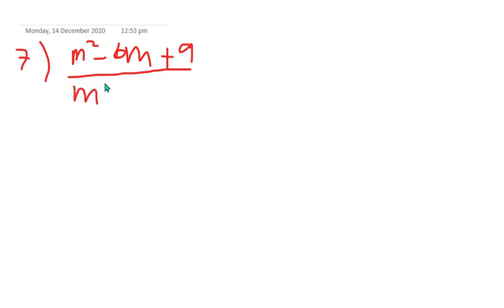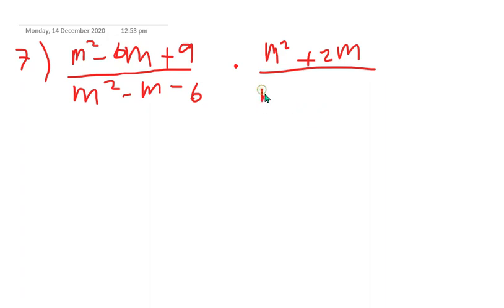Okay? So if we have m squared minus 6m plus 9, all over m squared minus m minus 6, times m squared plus 2m, over m squared plus 2m minus 15.